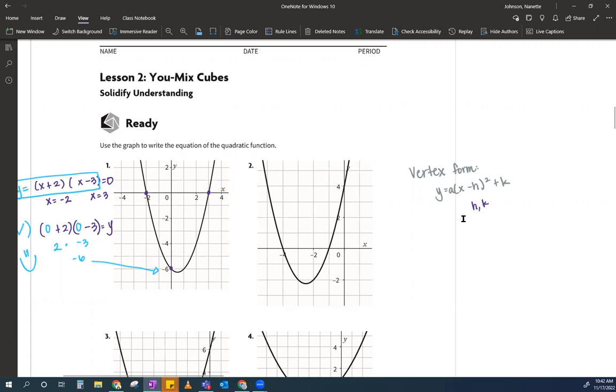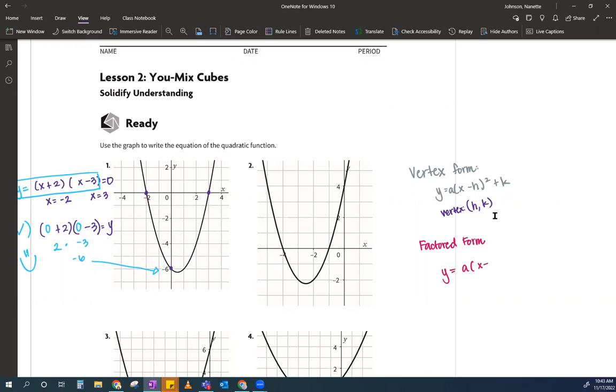Okay, so if I'm given a picture and I can pull off the vertex relatively quickly, I'm probably going to use vertex form. The next form that is really helpful is called factored form. It looks like this: y equals a(x minus m)(x minus n).